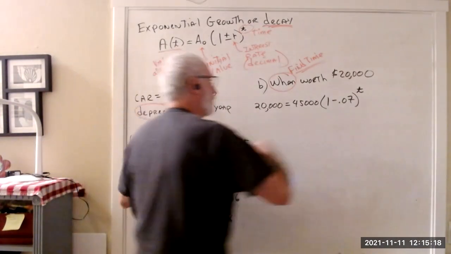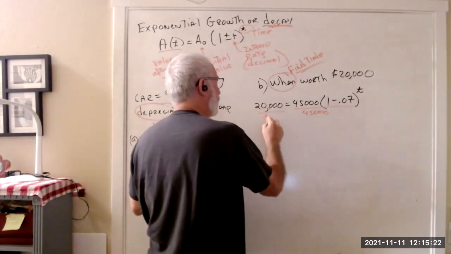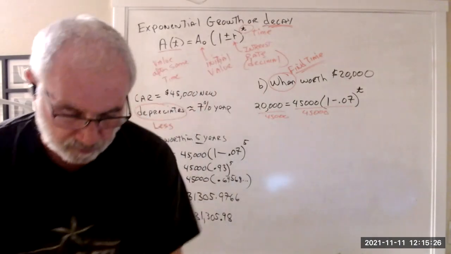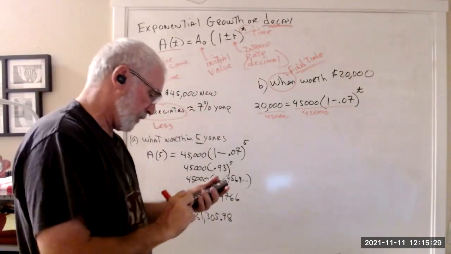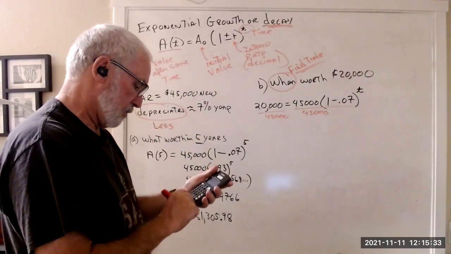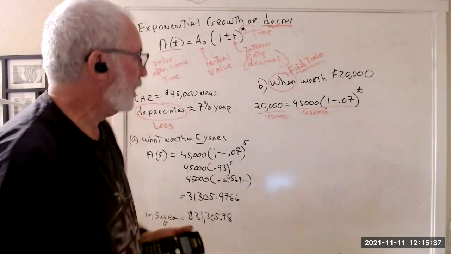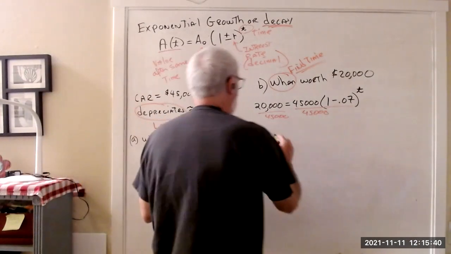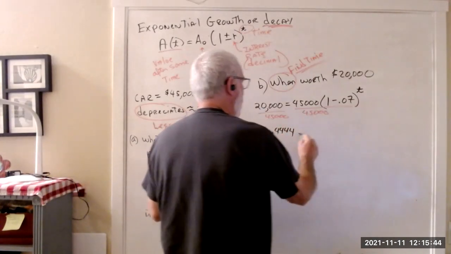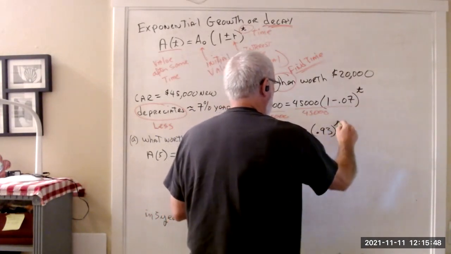Okay, divide this side by 45,000, this side by 45,000. Okay, so let your calculator do the work. And I get 0.44444444 repeating, whatever, equals 0.93 to the t power.